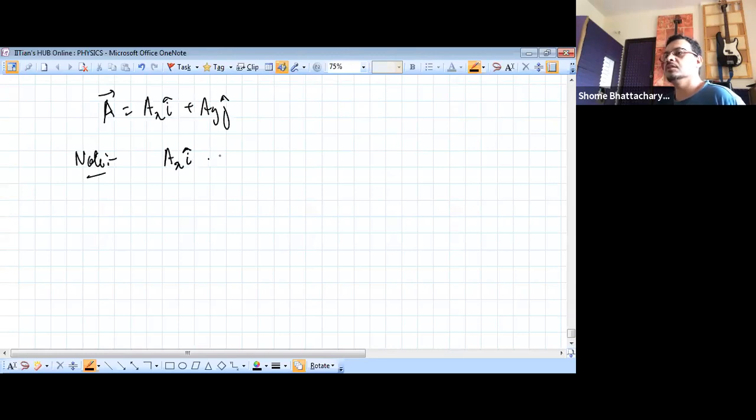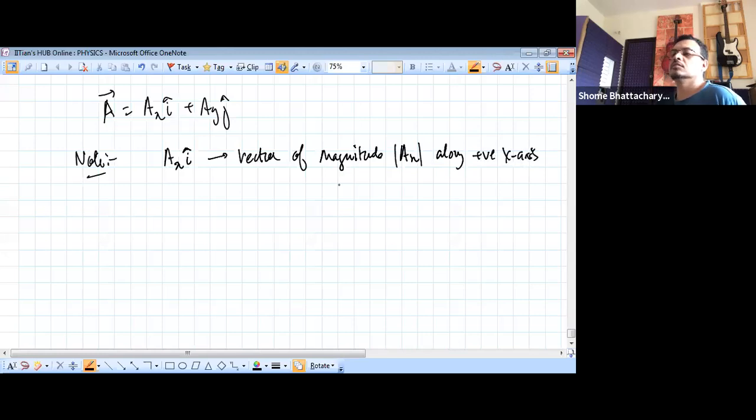is nothing but a vector of magnitude Ax along the positive x-axis. Because i cap is a unit vector, ना, उसका खुद का मैग्नीट्यूड कितना है? 1 है. So ये पूरे चीज का मैग्नीट्यूड कितना है? Ax units है, पर उसका डायरेक्शन क्या है? Along the x-axis.